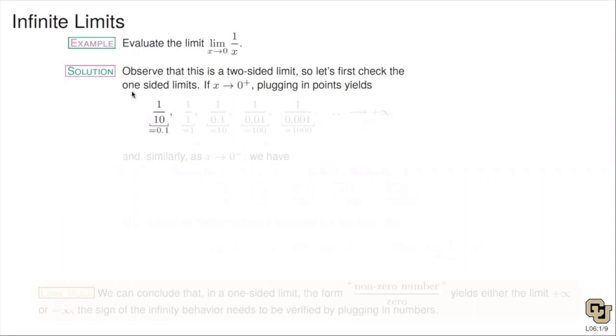So we're starting with a positive number that's getting smaller and smaller and getting closer to 0. So here I have 1 over 10, which is 0.1, then 1 over 1. So here what you should notice is the denominator is getting smaller, but is positive. Then I did 0.01, 1 over 0.01 is 100, 1 over 0.001 is 1,000.